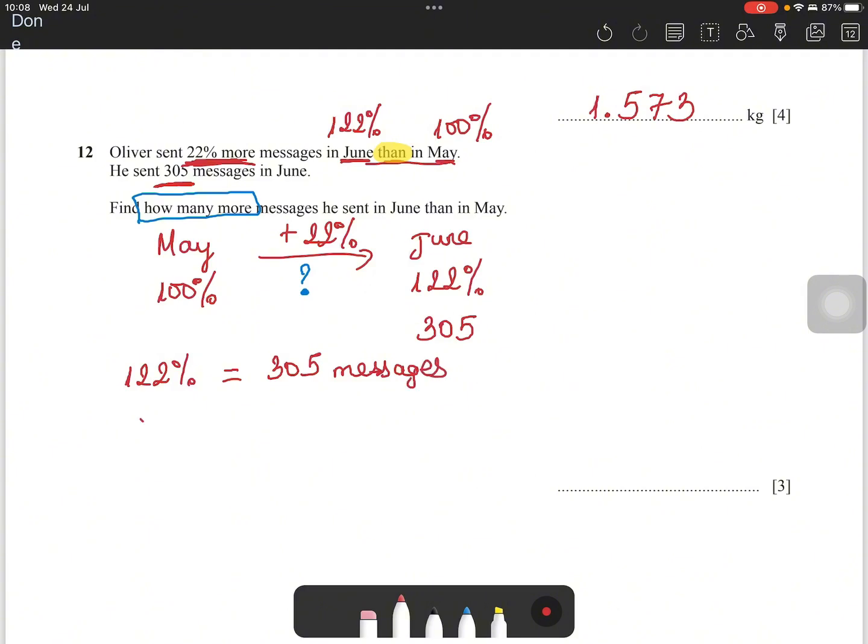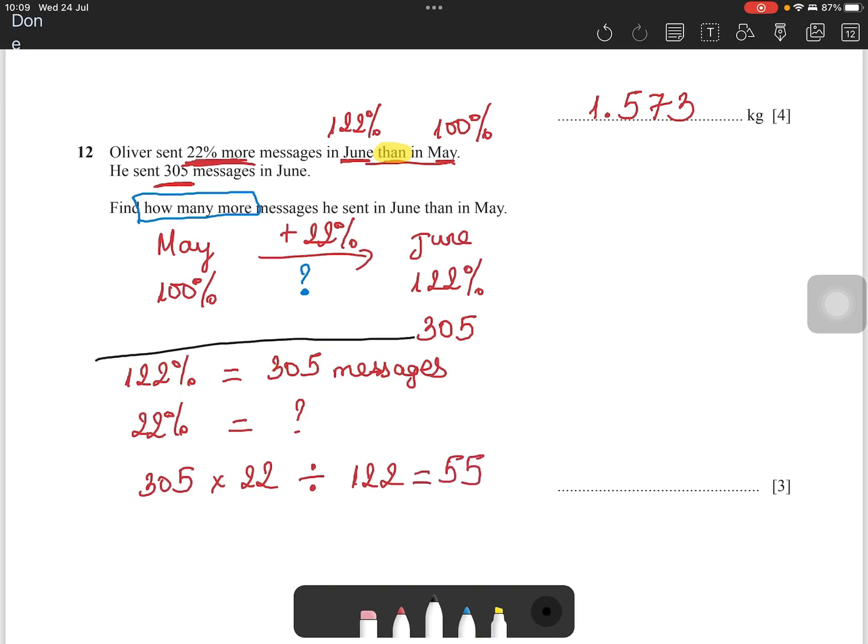If we want to know 22% is how many messages, then first we multiply 305 by 22 and then we divide it by 122. So the answer is 55. This is one solution.